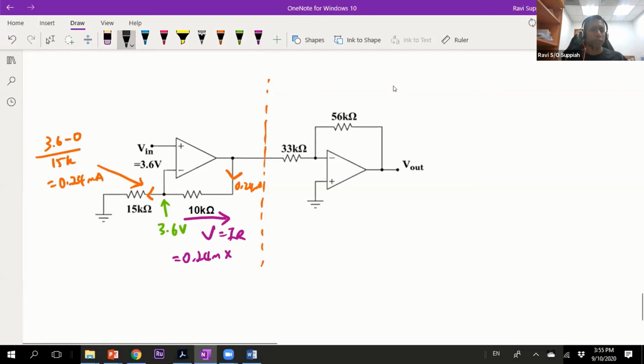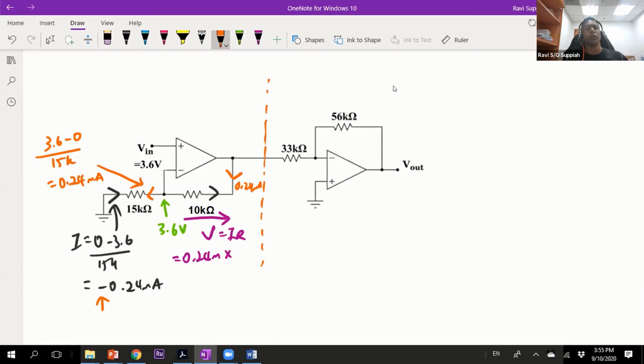To put it simply, if now I draw the current this way and analyze, I get I equals 0 minus 3.6 over 15k, which is negative 0.24 milliampere. That negative means that the current is actually flowing in the opposite direction. So you could have taken either way, and your answer is still the same, because if your answer is negative, then you know that it is actually the other way.